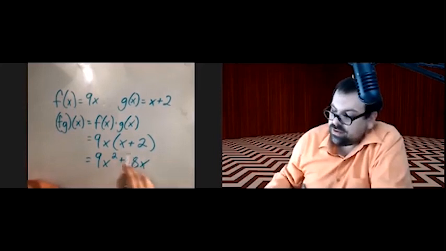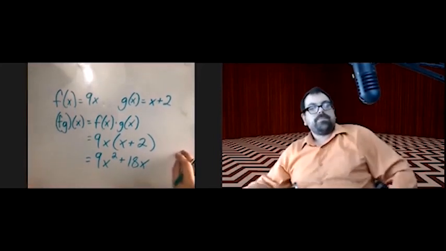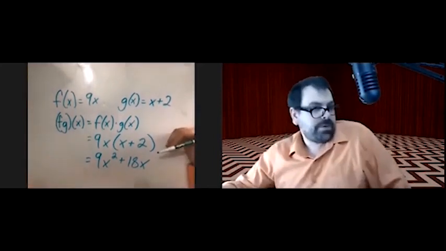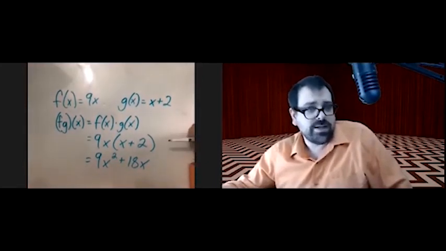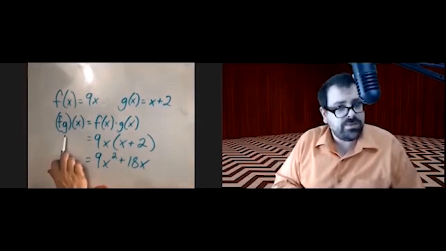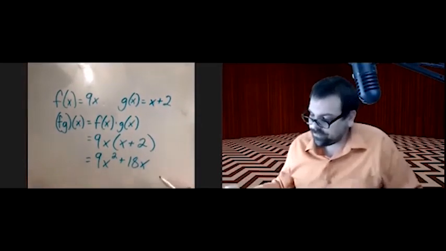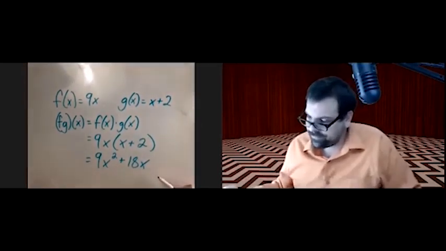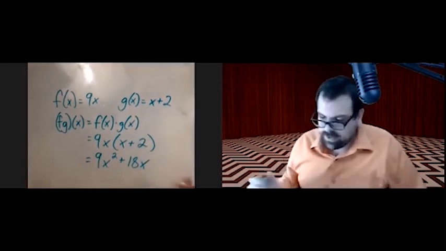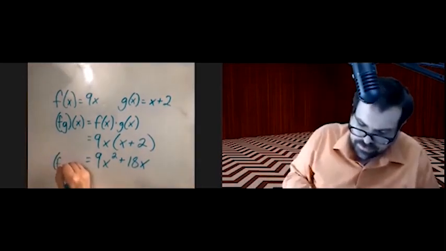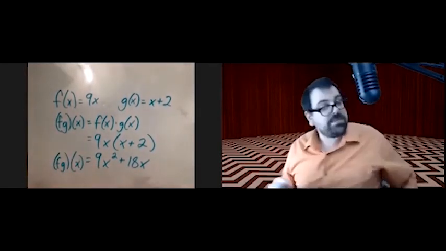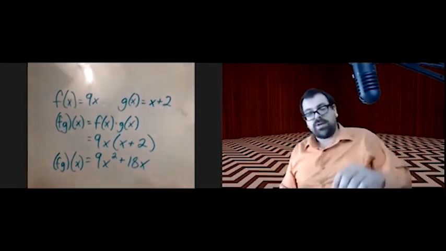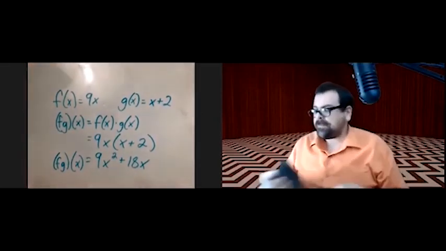We're distributing. None of this is new. This is classes old. What is new? The notation. I'm going to keep a note down here that fg of x worked out to be 9x squared plus 18x.